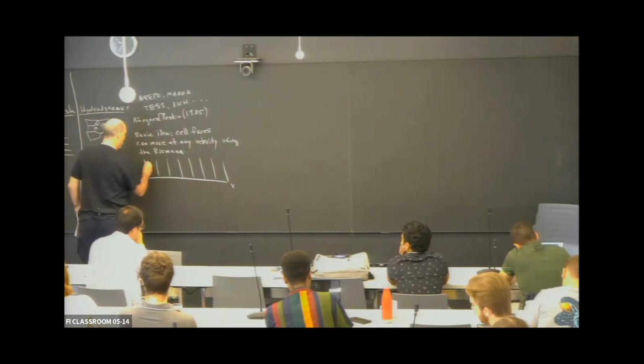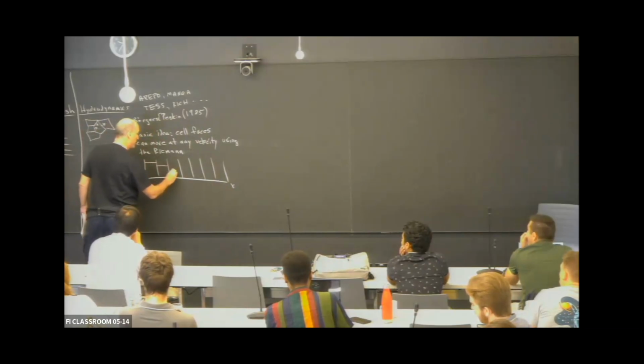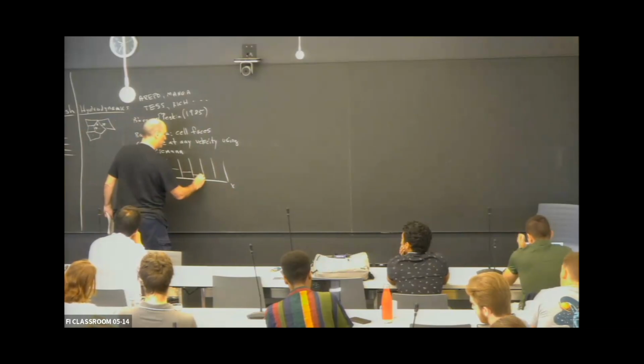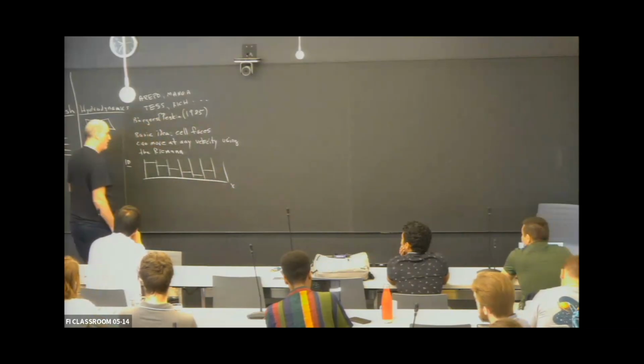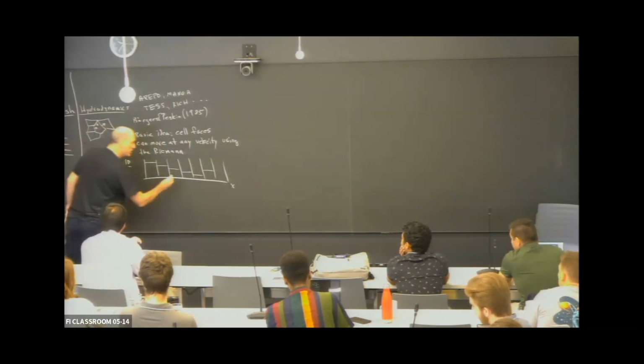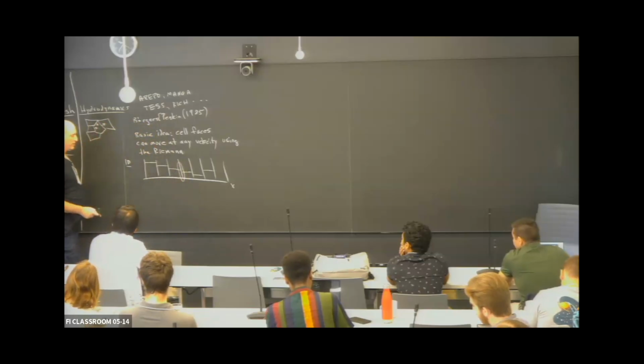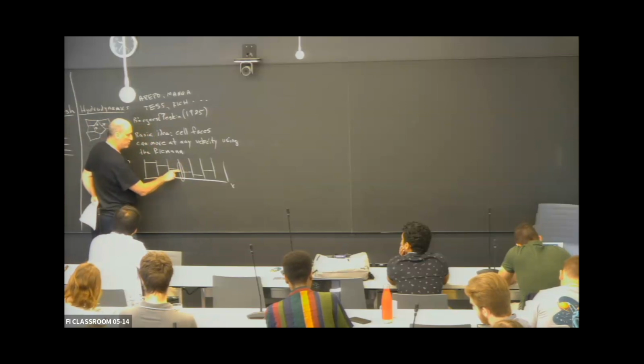And then we have volume average quantities in each cell. And then the whole name of the game is this interface where we want to get the fluxes, which come from the solution to this Riemann problem.